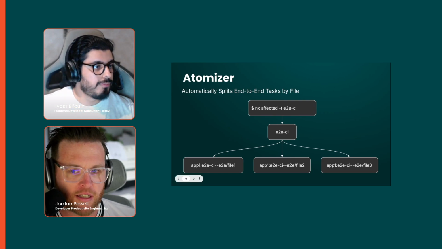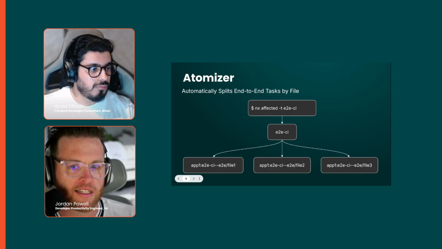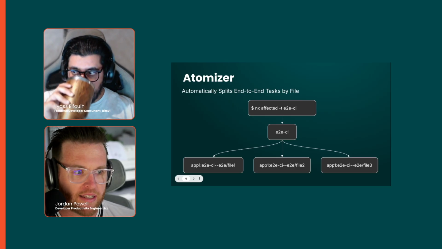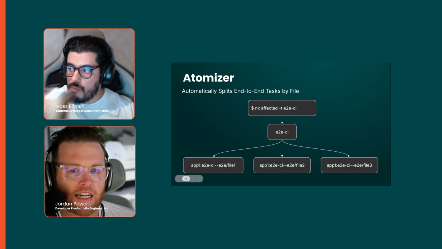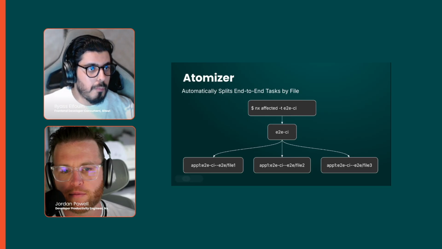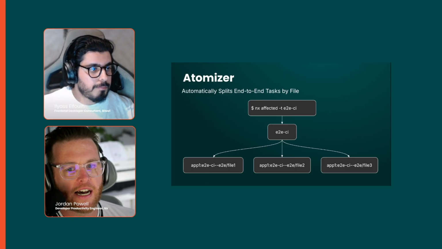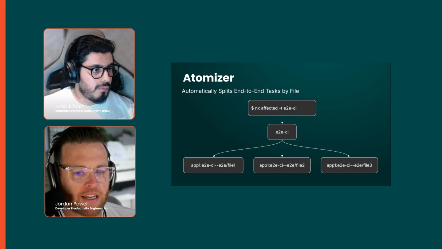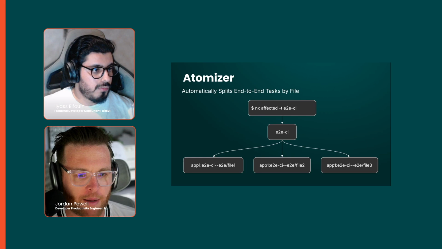You can essentially shard or split up those tests into separate tasks, and Nx will do this for you by default. So in the example above, we run the Nx affected command, targeting e2e-ci, and what that will do is look for all the test files for this given app and separate them into separate tasks.